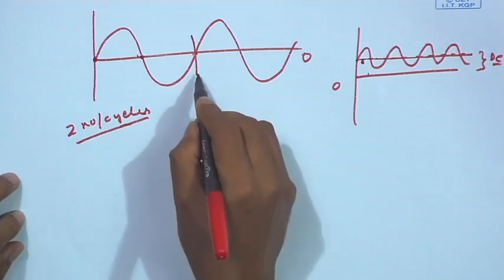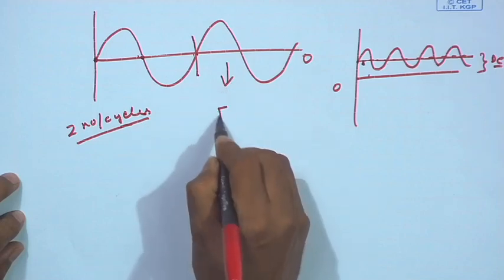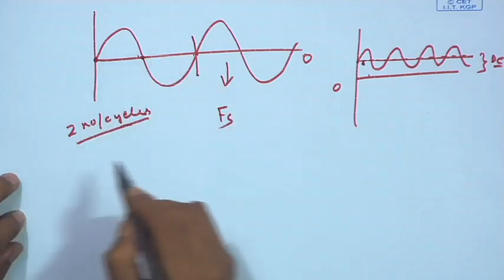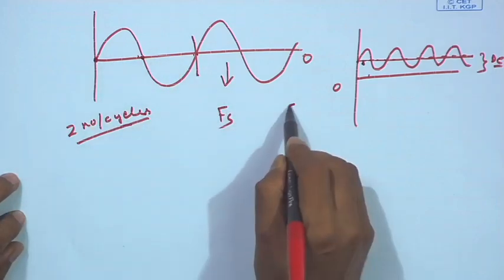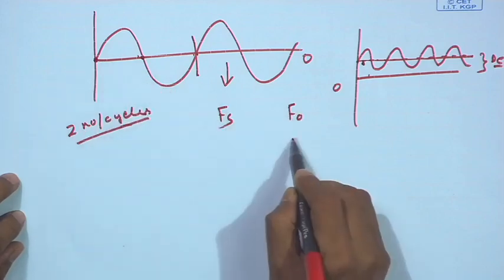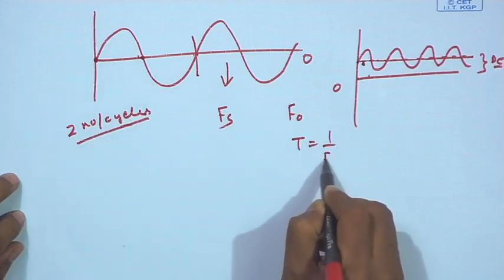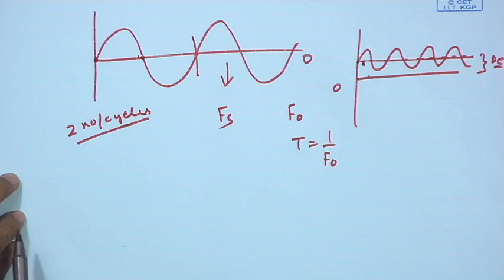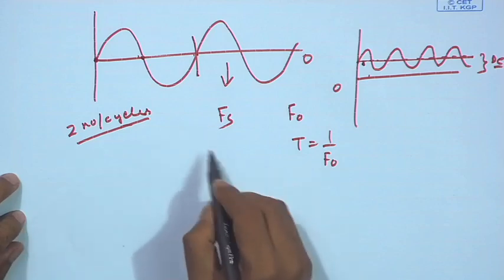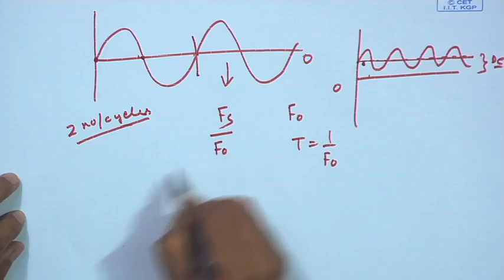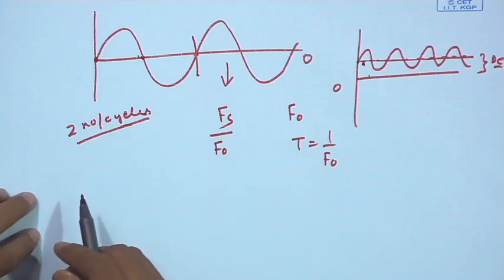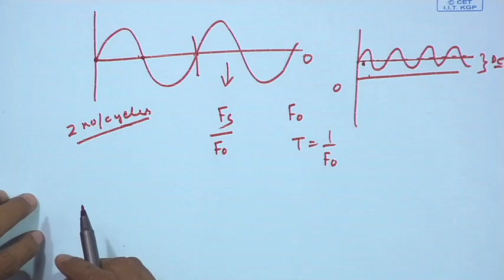Now, if the sampling frequency of this sine wave is Fs and the fundamental frequency is F0, that means the length of the period is 1 by F0. Then I can say there are Fs by F0 samples per cycle.